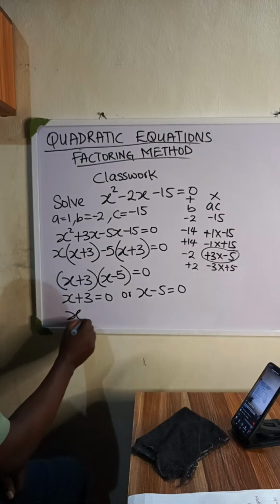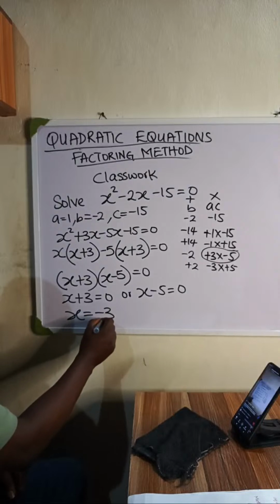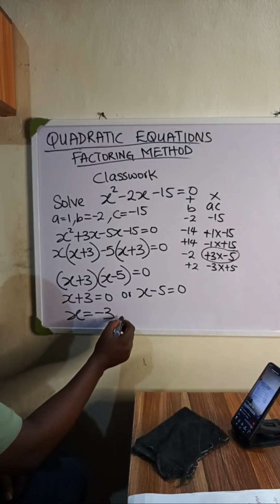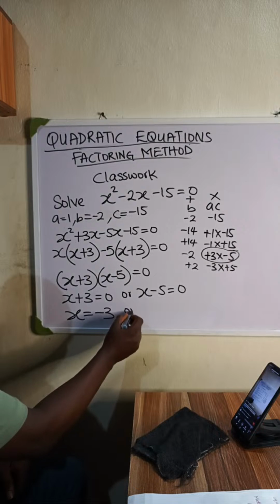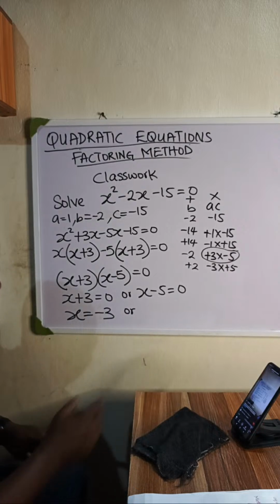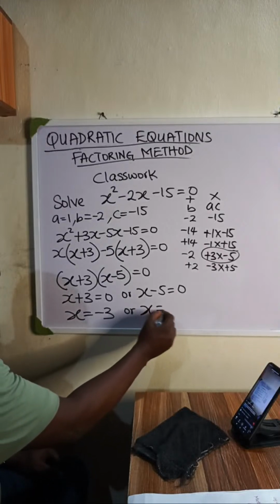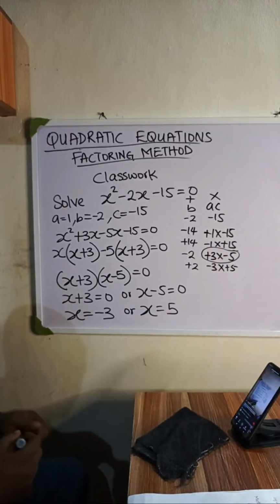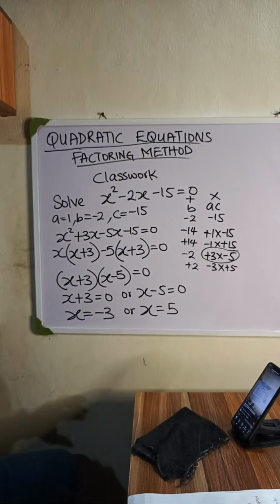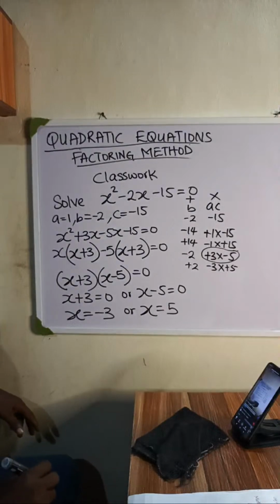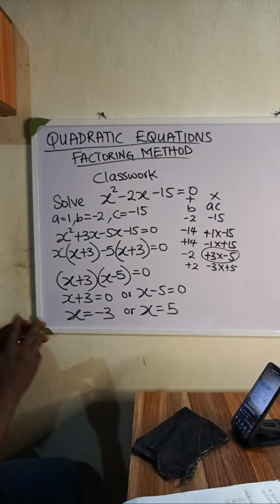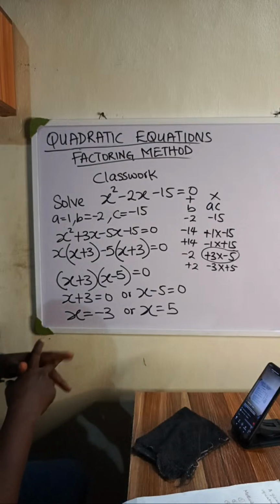So x is equal to minus 3, or you move minus 5 to the right, you have plus 5. X is equal to 5. So those are the two values of x.